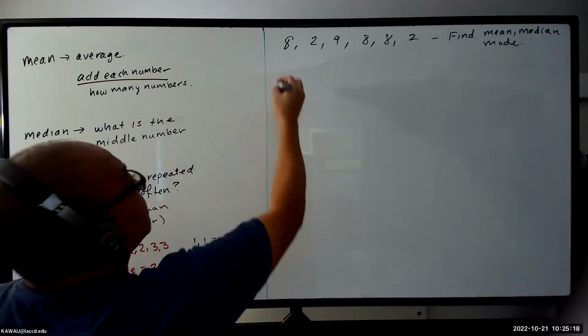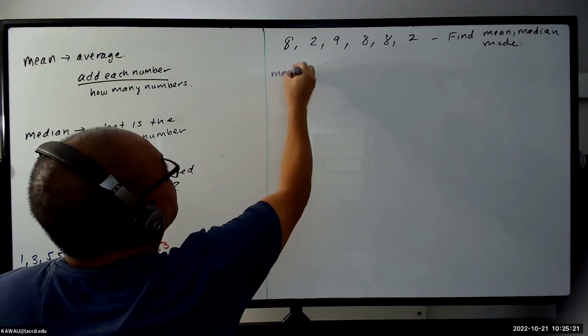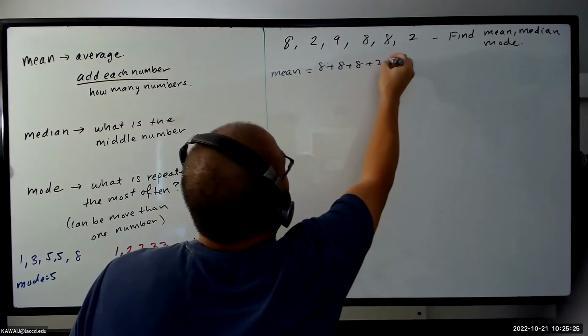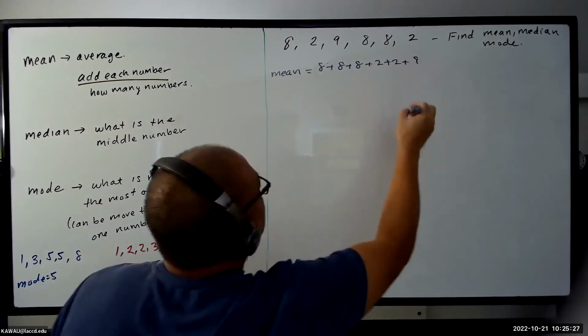So the mean is equal to 8 plus 8 plus 8 plus 2 plus 2 plus 9.